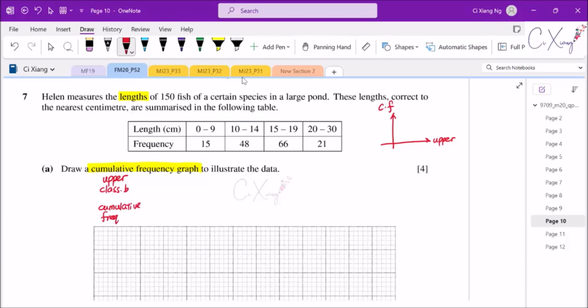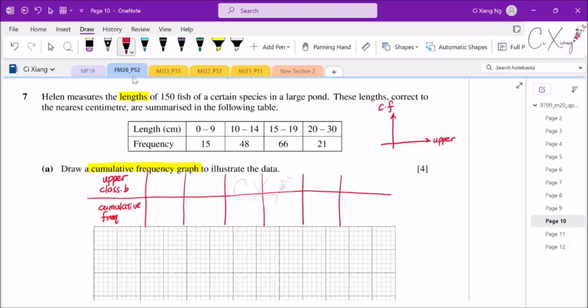Okay, so maybe this is a table that I want to form. So how can I get the upper class boundary? I need to know what the class boundary is for every single class here.